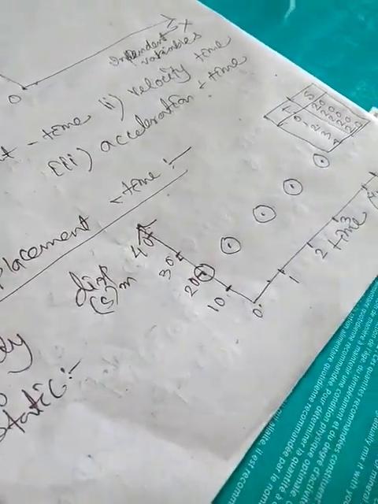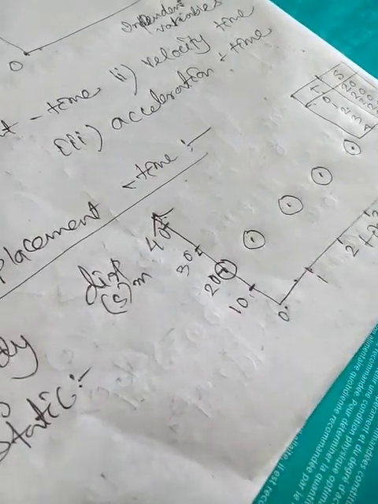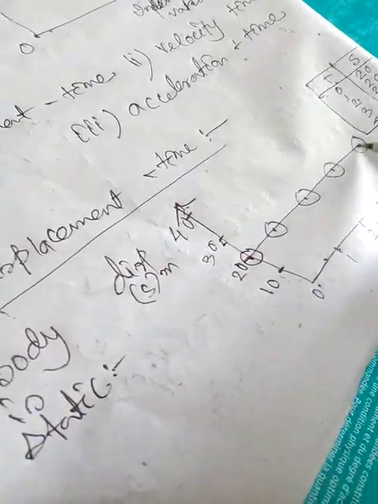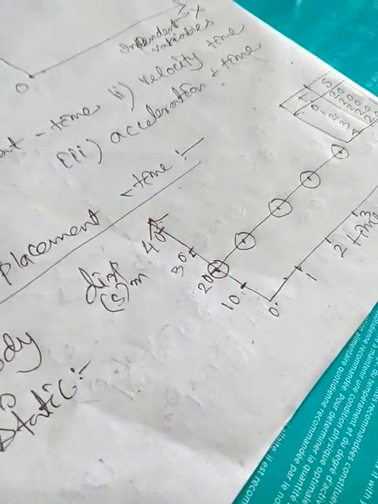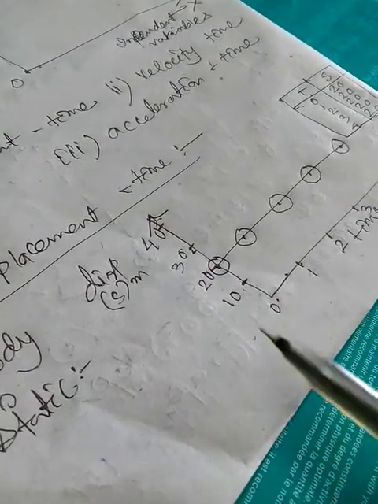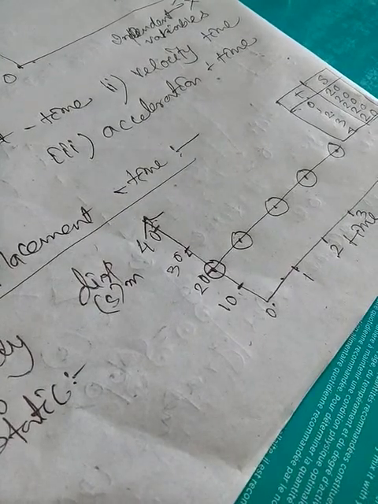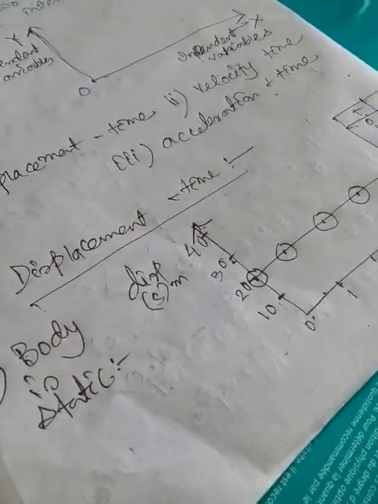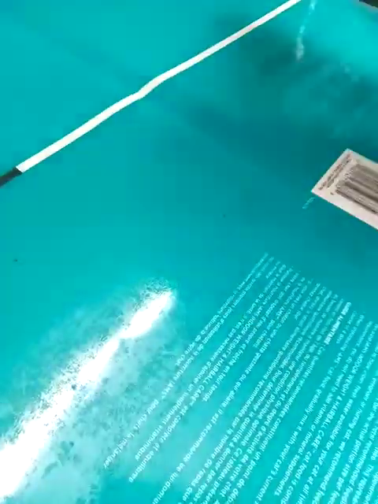This means that at every second it does not change its position. So the graph will be like this, parallel to the x-axis. In a displacement time graph, if we see a portion parallel to the x-axis, that means the body is static and doesn't change its position. That is the displacement time graph of a static body.